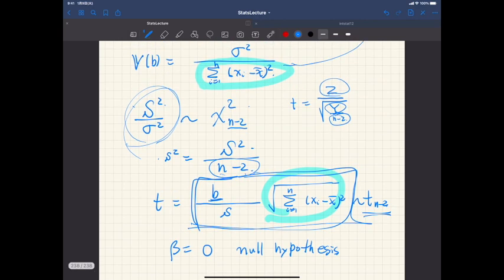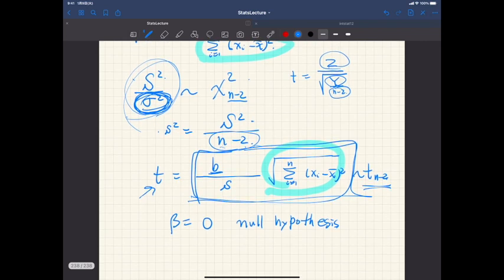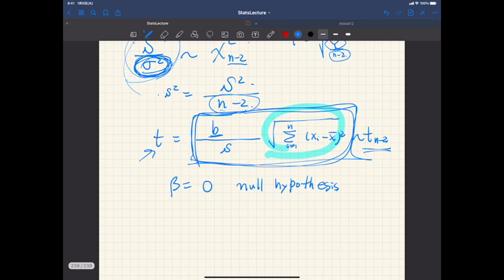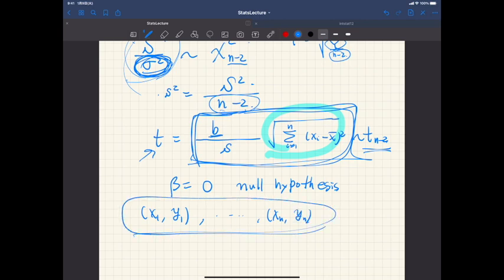Although the value of sigma is assumed initially, in order to calculate the T statistic we don't need this value of sigma. So this T statistic can be calculated purely from the data, meaning the pairs x1, y1, x2, y2, up to xn, yn. Using just this data, you can calculate the T statistic and test the null hypothesis that beta is equal to 0.